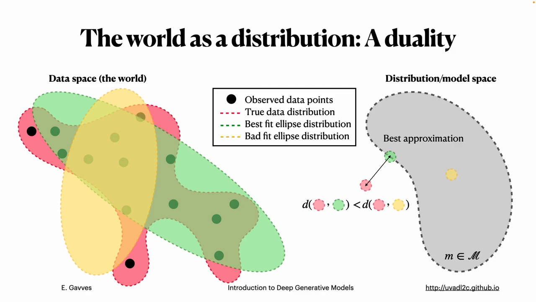From a modeling perspective, from the distribution space, you get a dual view. This gray area is now the space not of my data, but of my possible models. One point is my green model.